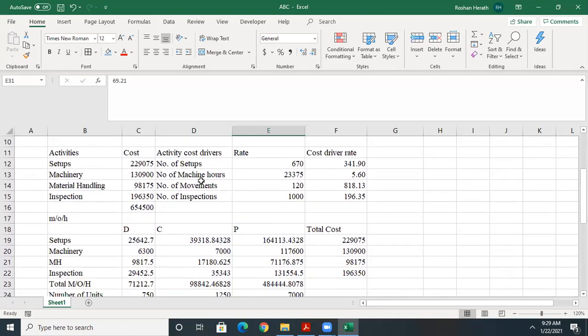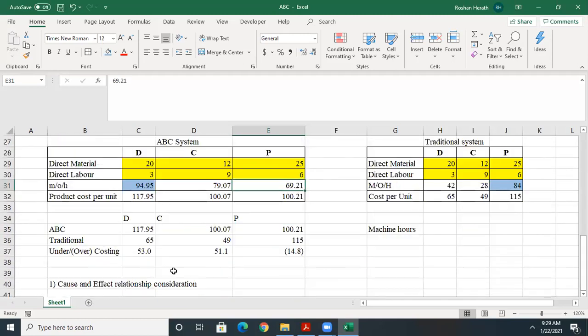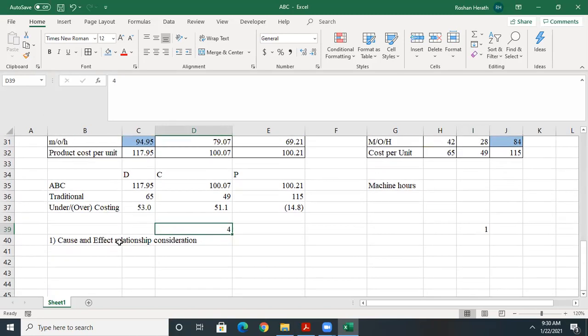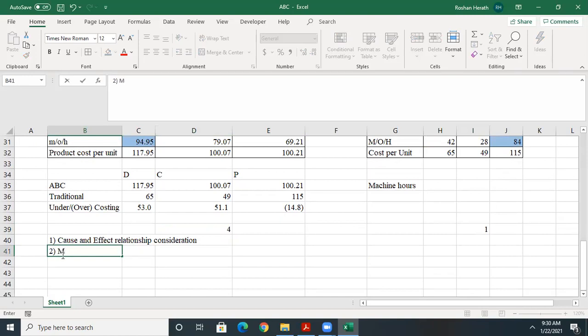In fact there are 4 cost drivers. One cost driver versus 4 cost drivers. You consider the cause and effect and several cost drivers.